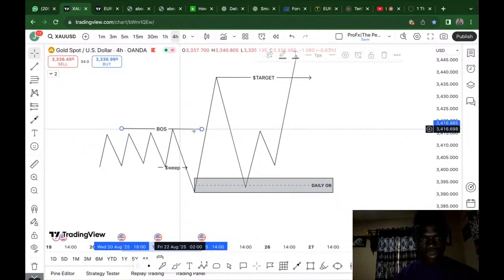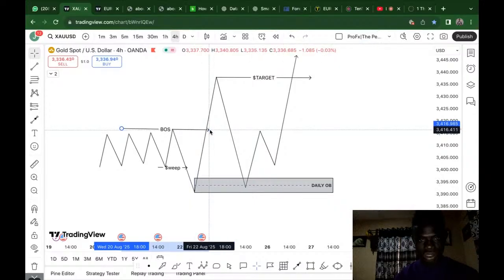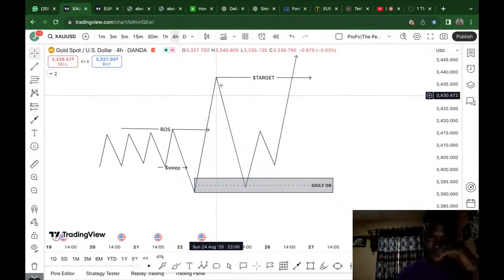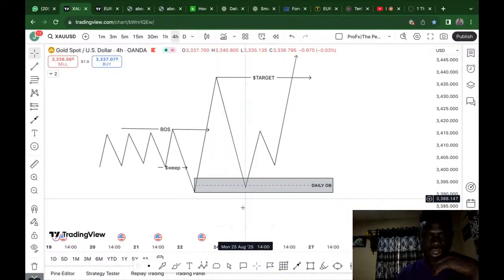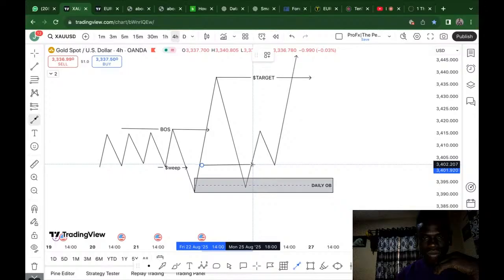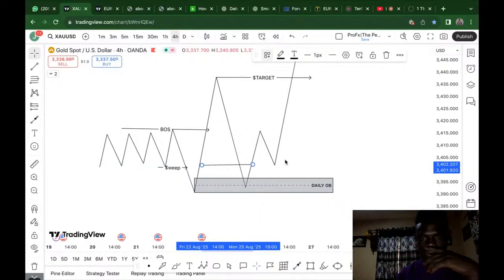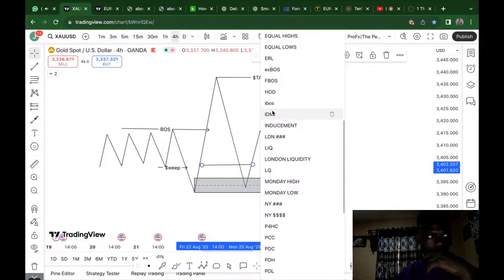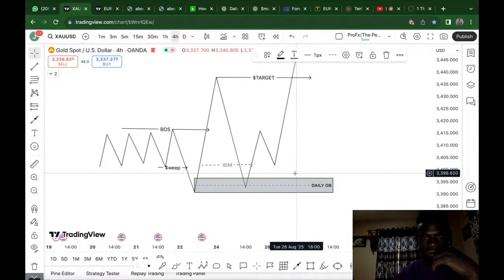And I'll show you how it played out this morning. It played out just this morning. Sweep, break of structure, retraces back to order block, taking out inducements before coming to the order block. Then boom.